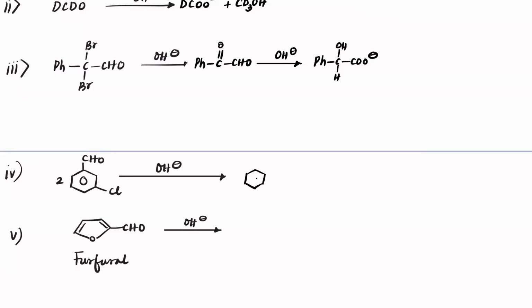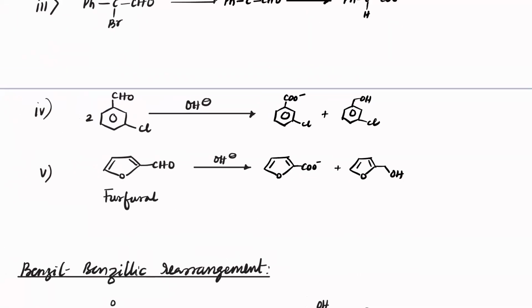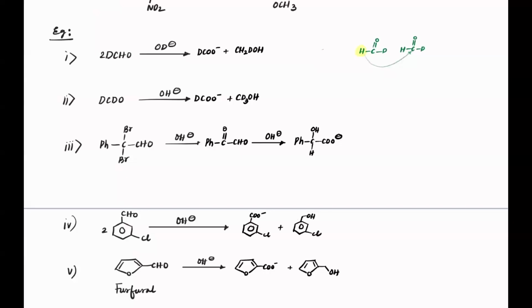Same way here also, this will become an acid part and one of its mole will become alcohol part, like this. Furfural is the same thing. This is called furfural. It will become CO minus and one mole will become alcohol. Done. These are all the cases you need to know how to work out on Cannizzaro.